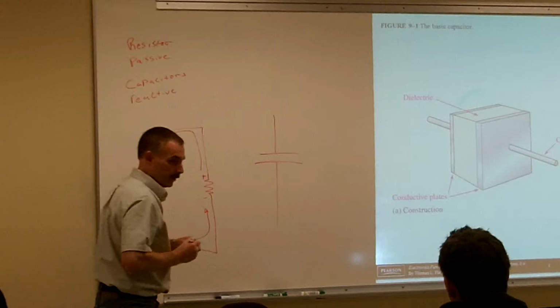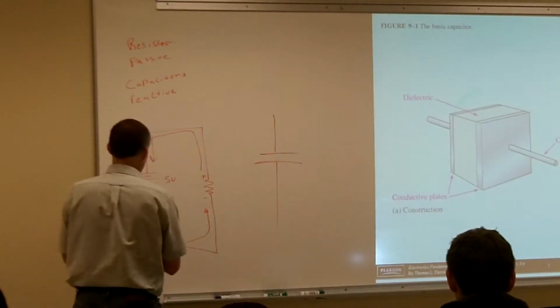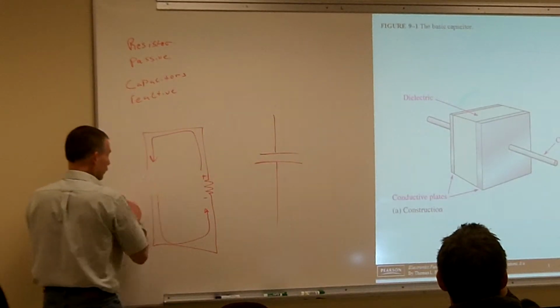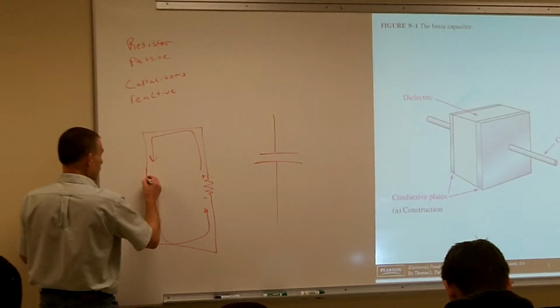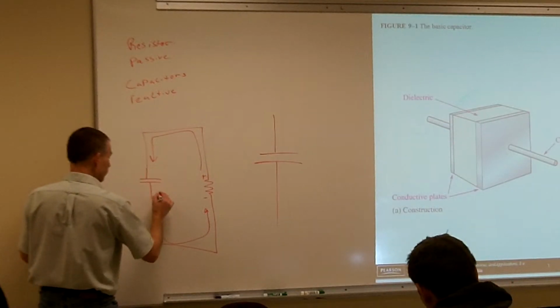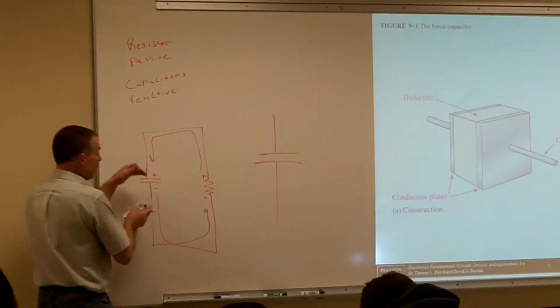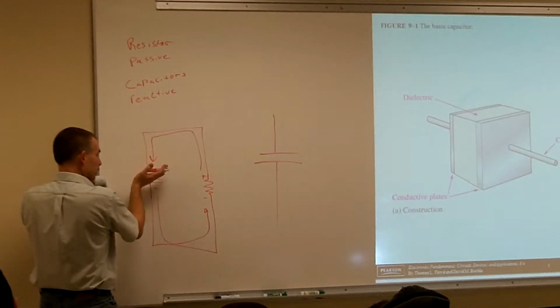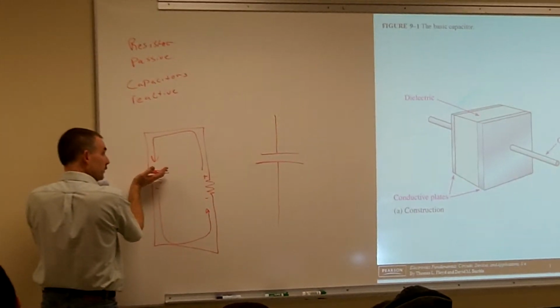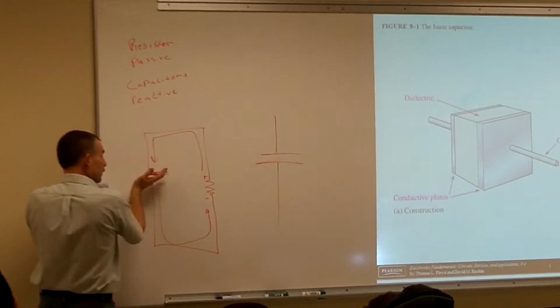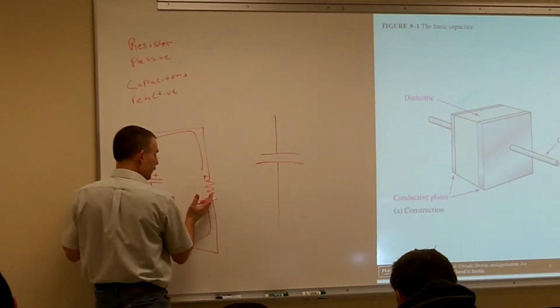Well, it's kind of the same thing with a capacitor. If all of a sudden I put in a charged capacitor, it acts just like a source once it is charged up. The charge that's being stored on the capacitor is going to act like a source, and it's going to go right back into our circuit.